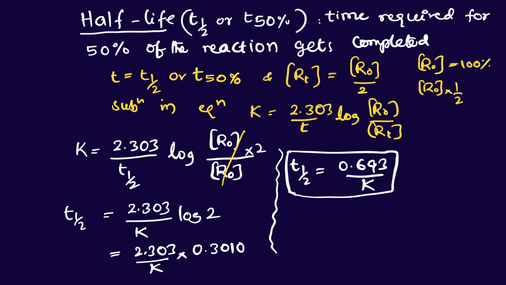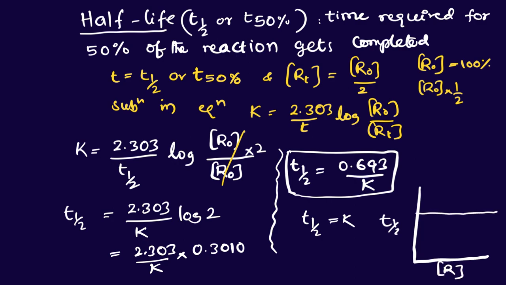This is the half-life formula. Now, in this formula, concentration of reactant term is not present. Therefore, T half is constant. It does not depend on any concentration of reactant. Therefore, we can draw a graph here: time, that is T half, and reactant concentration. T half is constant, it does not depend on concentration of reactant.